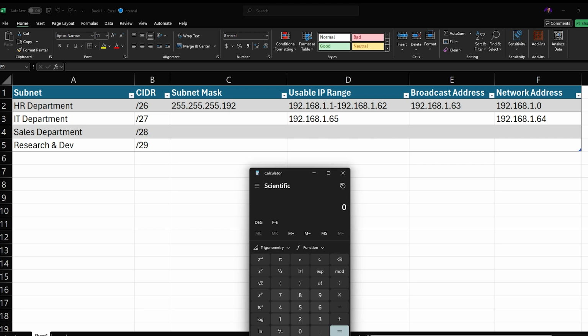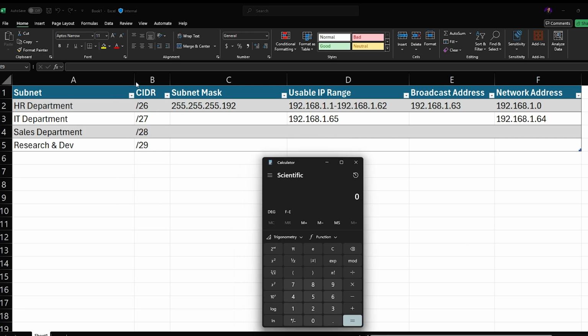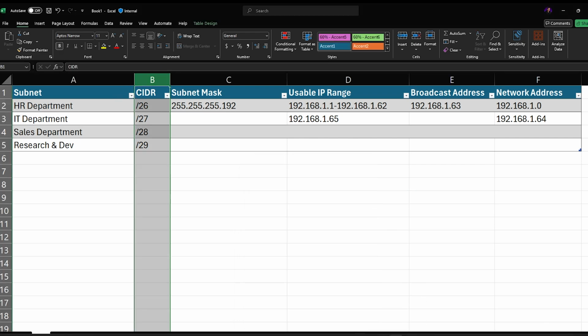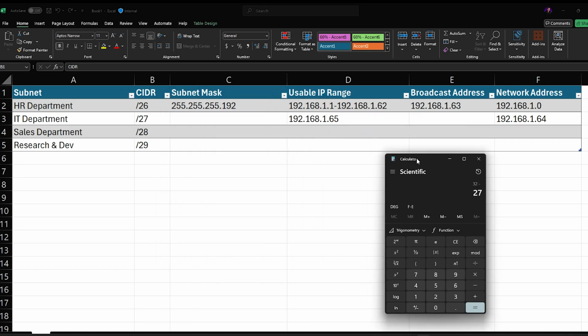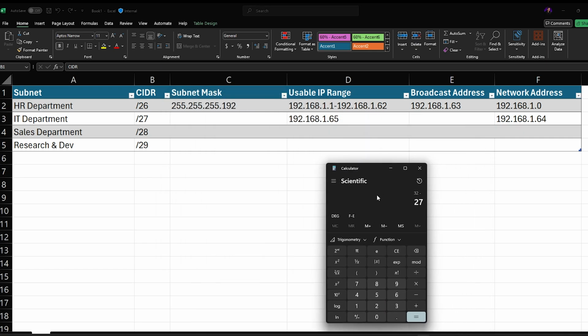Once I've filled in that CIDR column, I can work with this calculation. So 32 minus 27, because we're on the IT department now. 32 minus 27 is 5, so 2 to the 5th power is 32.